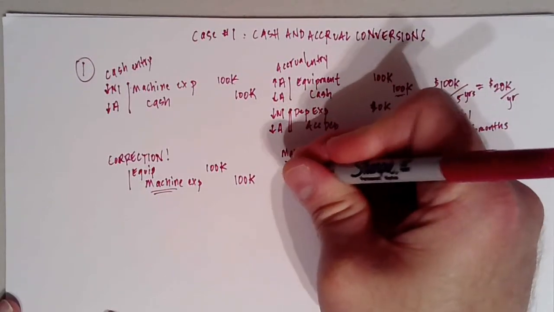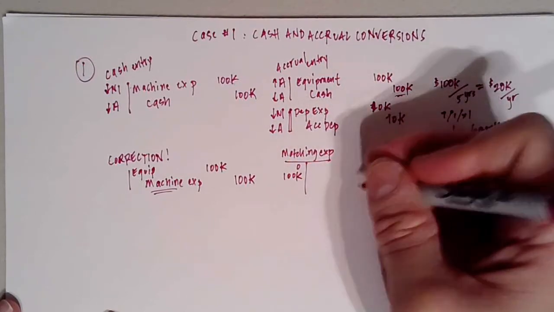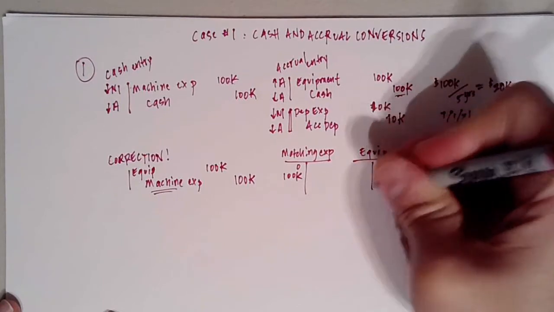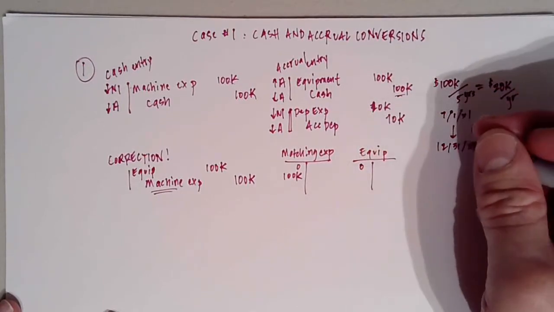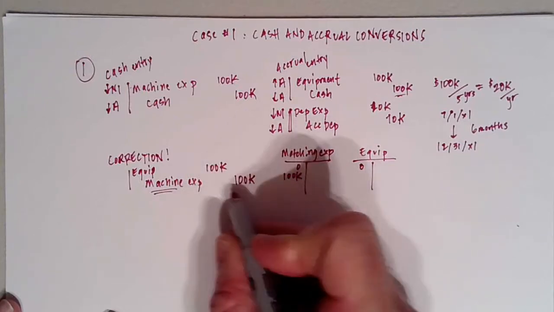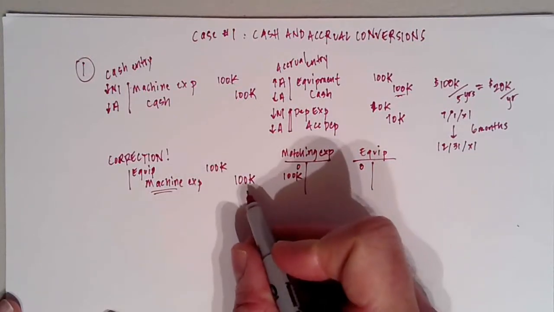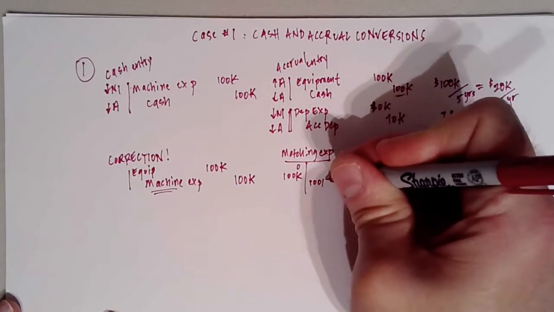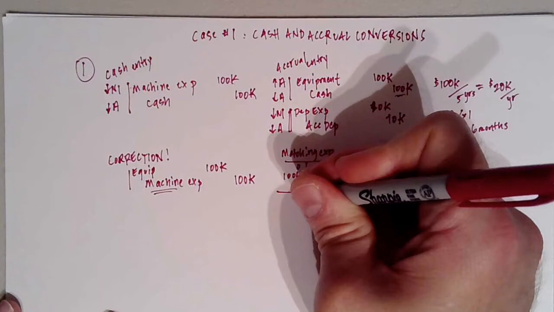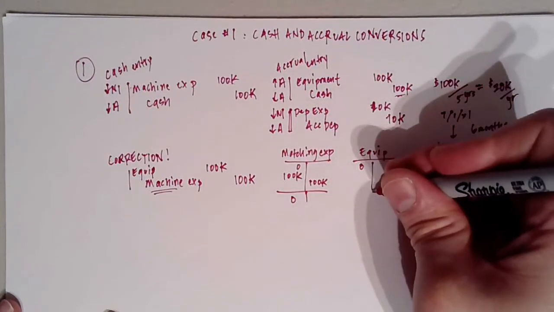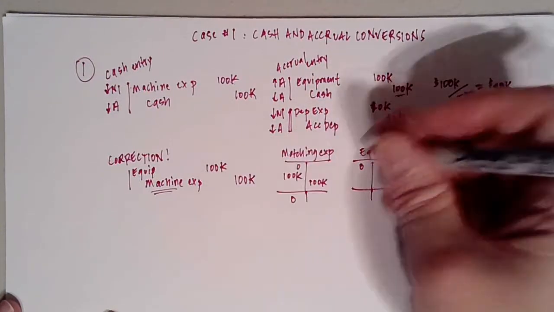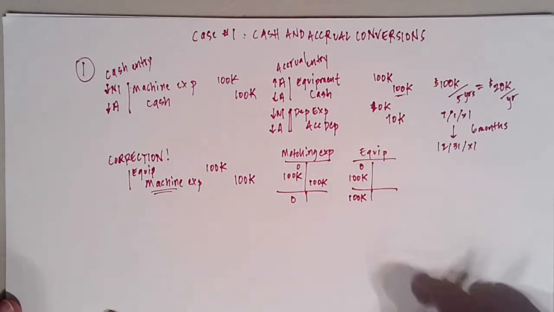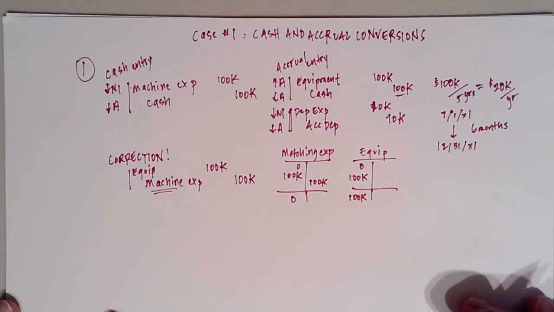So we had nothing there. We recorded the $100,000, but then over here in equipment, we had nothing because we didn't appropriately record it under an accrual basis. Then we make this adjusting entry at the end of the period to set things right. This updates by crediting machine expense by $100,000, which zeroes out this account. We don't want it, so that's good. And it debits equipment, so it gives us the appropriate amount in the equipment account.